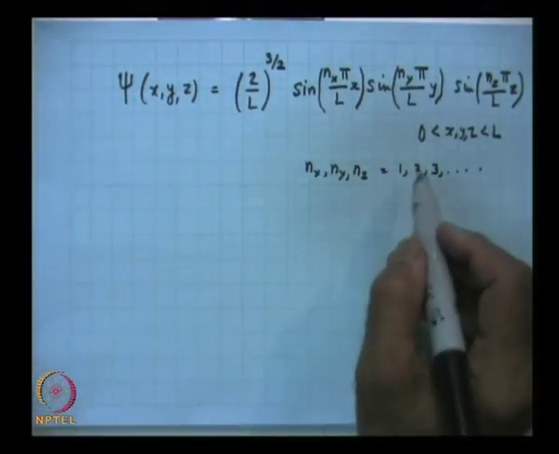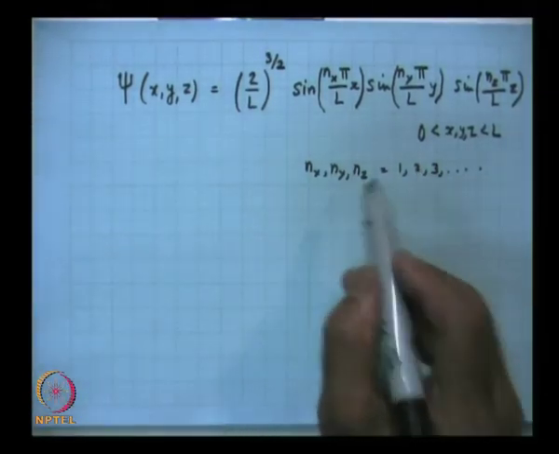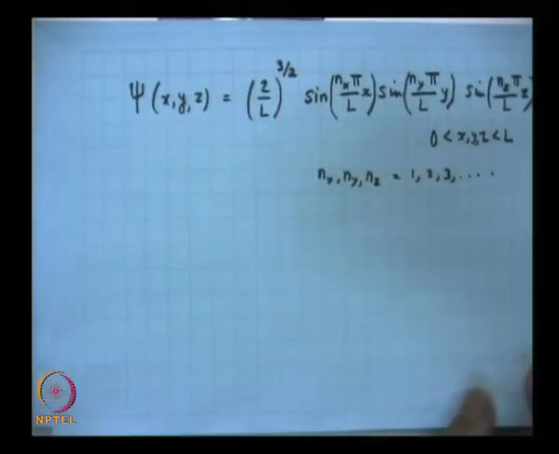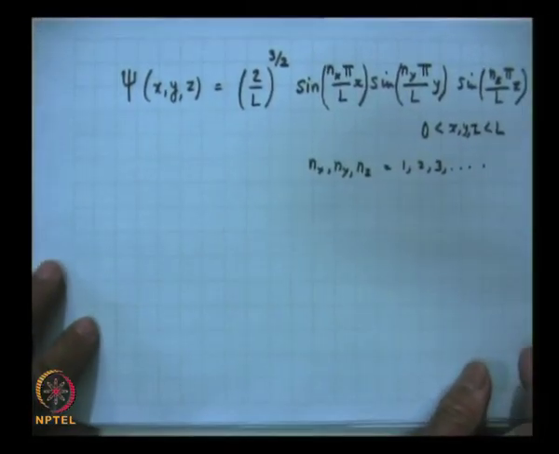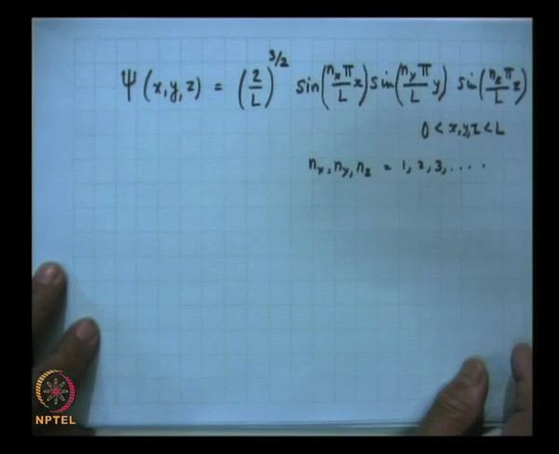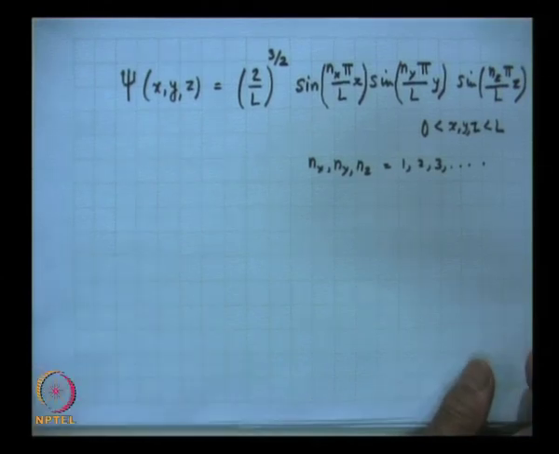If I take the value 0, then of course, this whole wave function becomes 0. So, that is the trivial solution. So, n x, n y, n z equal to 0, that corresponds to a trivial solution.